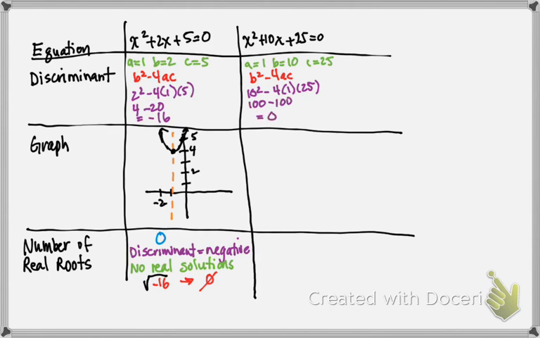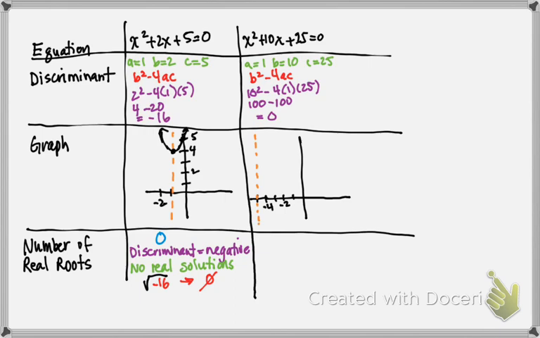Okay, so let's see what this graph would look like. So let's see, the axis of symmetry would be negative b over 2a, so that's going to give me negative 10 over 2, which is going to give me a negative 5. So that's going to have the axis of symmetry run down through that.